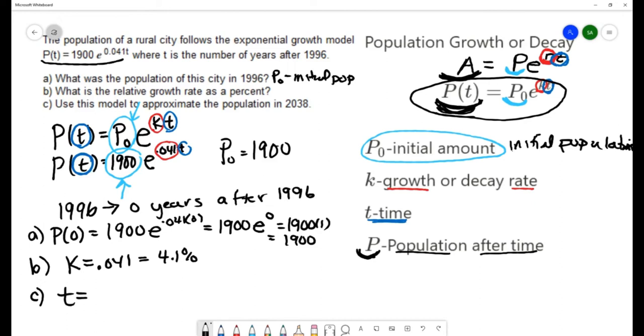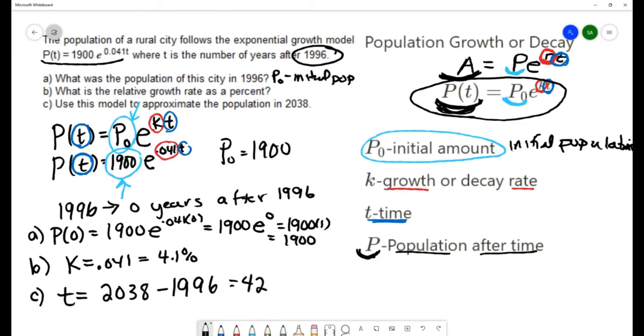So our time, how much time has passed since 1996, would be 2038 minus 1996. And let's work out how much time that is. I think is that 42? Just going to double check with my calculator. Yes, 42 years have passed.